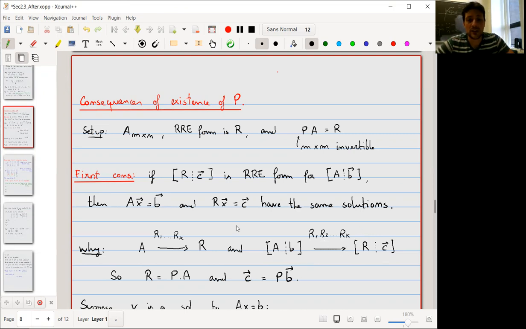A consequence of this is that R is obtained by multiplying A by P, but the same matrix P encodes the same row operations, so also C will be given by P times B.